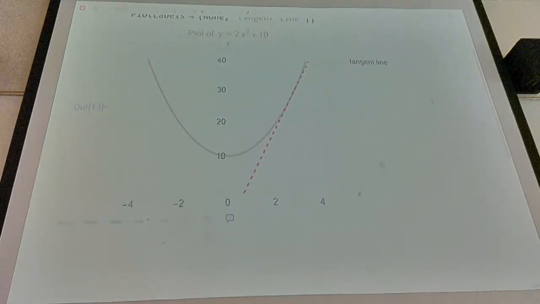Now, with the desktop version of Mathematica, I can edit this even further. If you just click on it once, the outline is orange. Double click on it, it turns gray. That means you're now in editing mode. I don't like where that is.